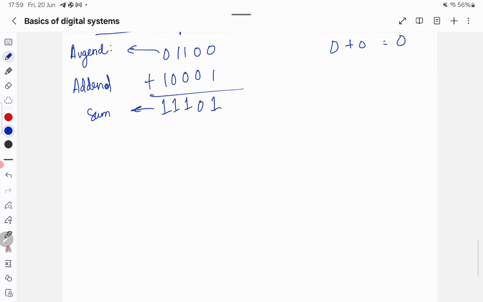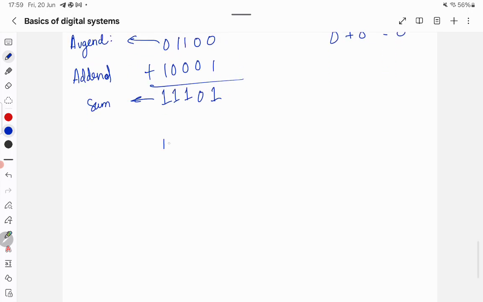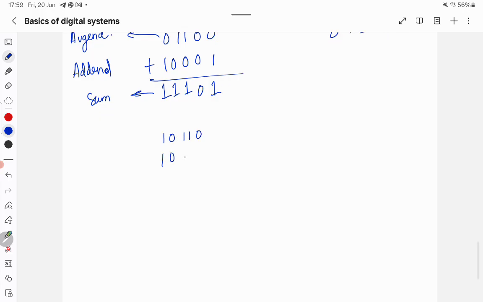Let's say you have one more: 10110 and 10111. You have to add it. 0 plus 1 is 1. Then 1 plus 1, what will it be? It will be 10, because first comes 0, then 01, then 10, then 11.